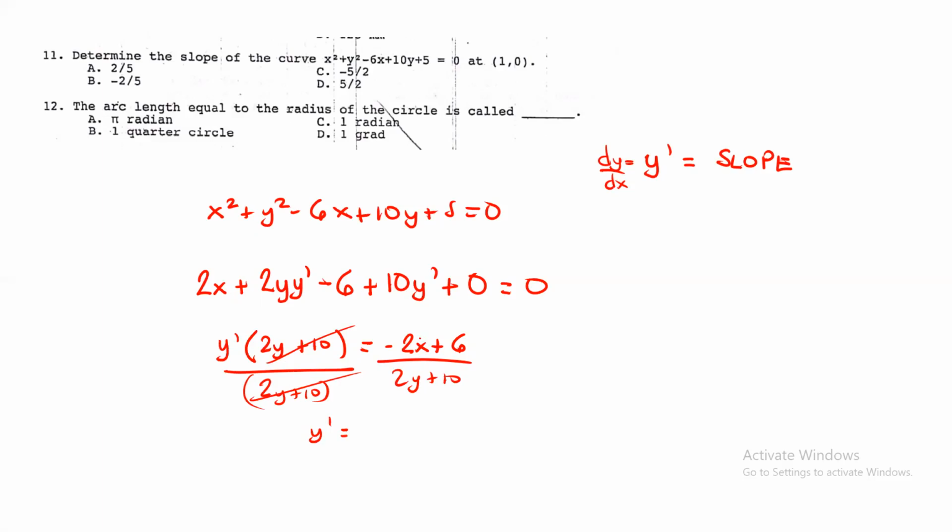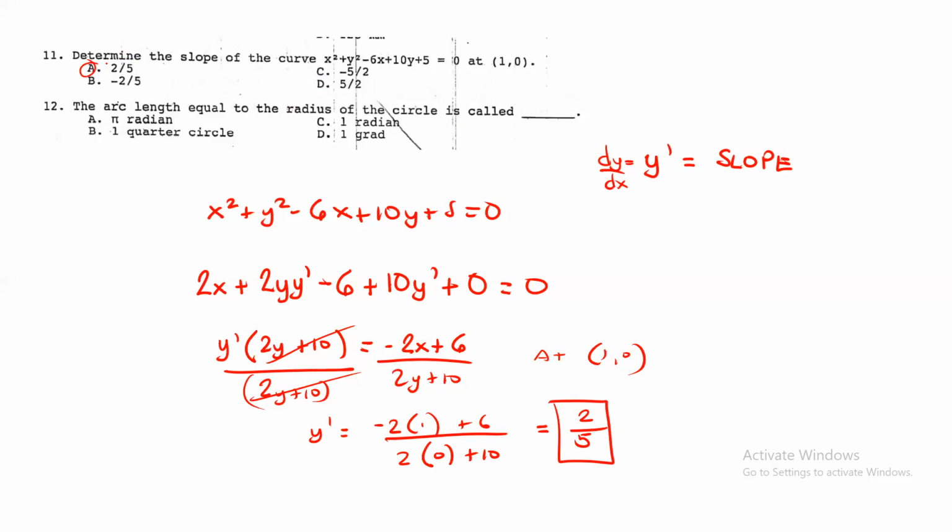Ang gawin natin, i-substitute natin tong at 1 and 0. Negative 2 times 1 plus 6 over 2 times 0 plus 10. Ang sagot dito, 4 over 10 is 2 over 5. Ito na sagot, 2 over 5, letter A.